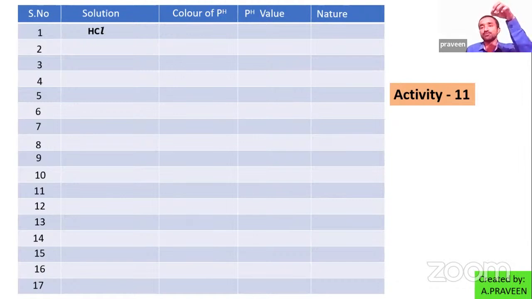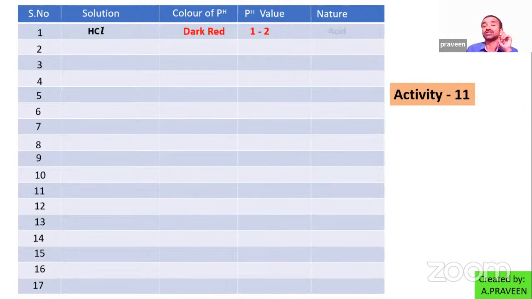Then observe the pH paper color. Here it is dark red. So what value can you assign? They will give you one card along with the pH paper. You have to refer to that card with this color and assign the value. Here its value lies between 1 to 2. It depends on the concentration and dilution. If you are preparing it strong, it is almost equal to 1.